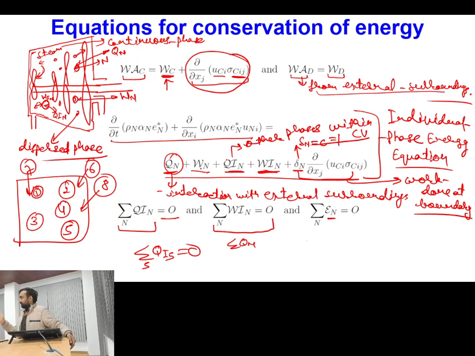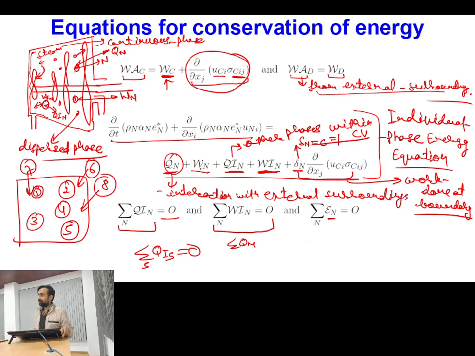For example, sir, in this equation, the upper equation, if we denote it for just a single phase, then the interaction will come. Yes, when we apply it for a single phase, then interaction will come. But if we do summation, then this internal interaction term will become 0. Now your question is, these interaction terms should not be 0, huh?